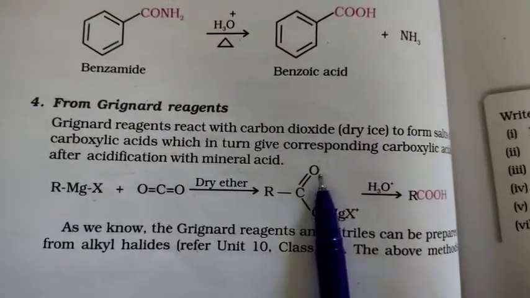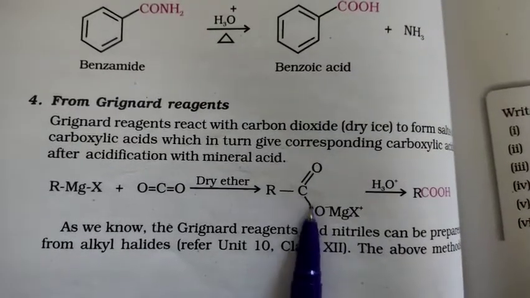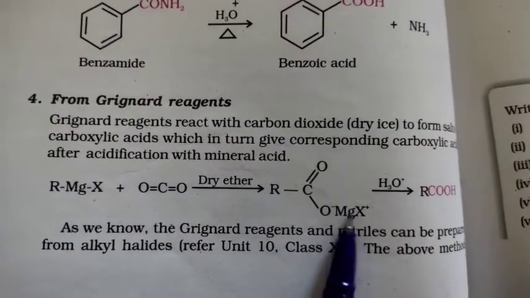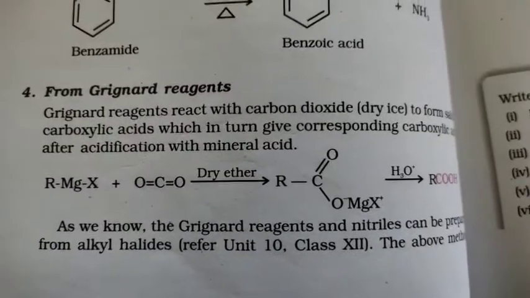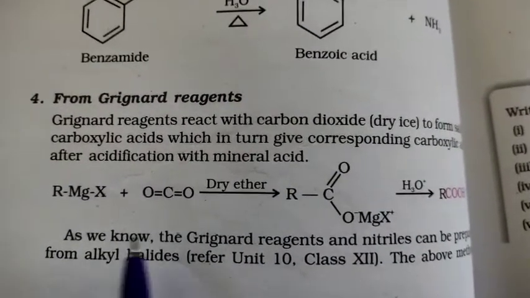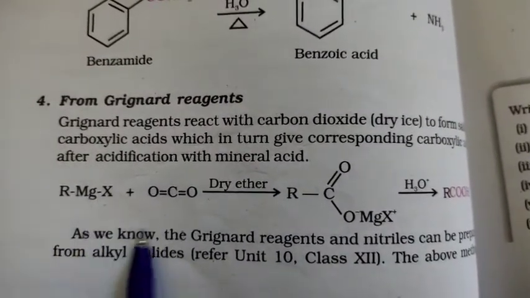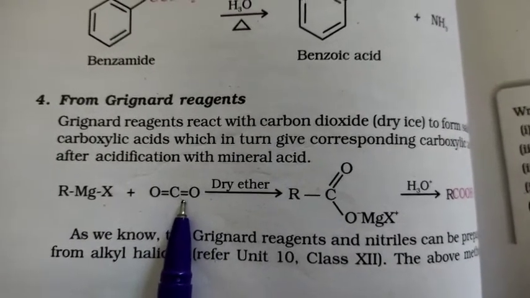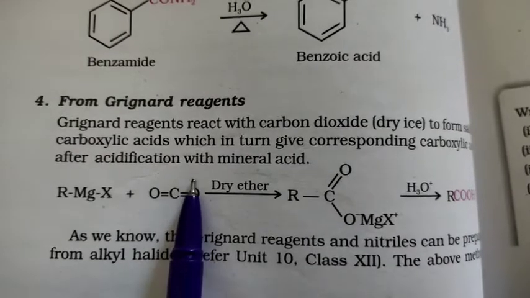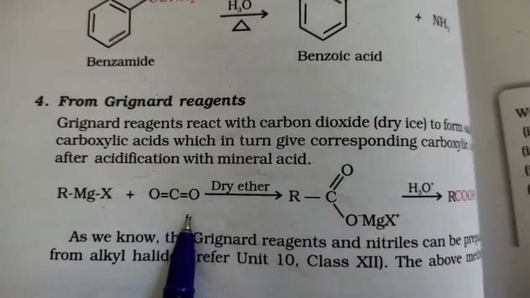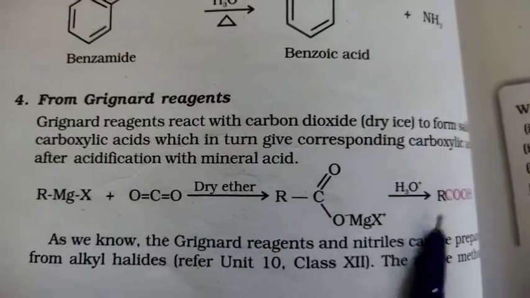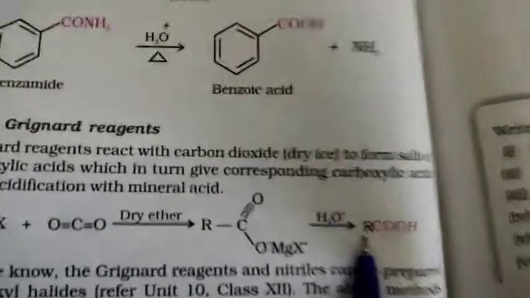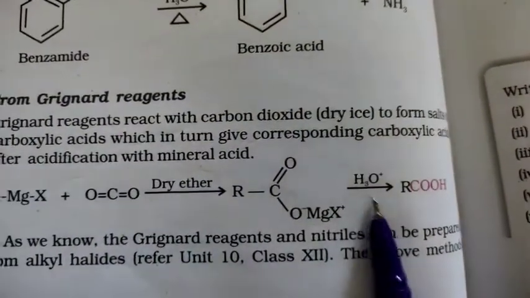Next, C double bond O, then COMgX. This R will attach to carbon and the MgX will attach to oxygen. The double bond splits in two: one bond forms with R and the other forms OMgX. Now H3O positive means it is acidified.